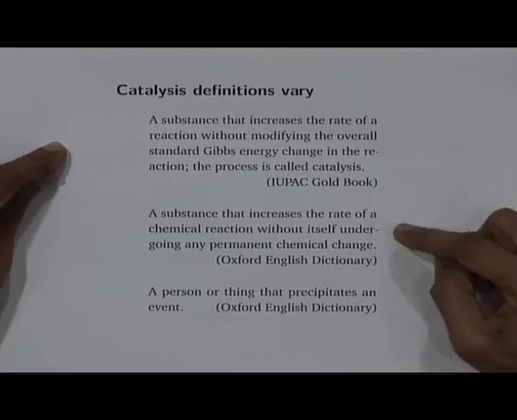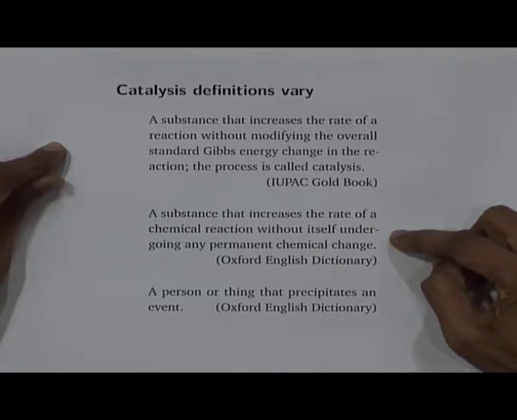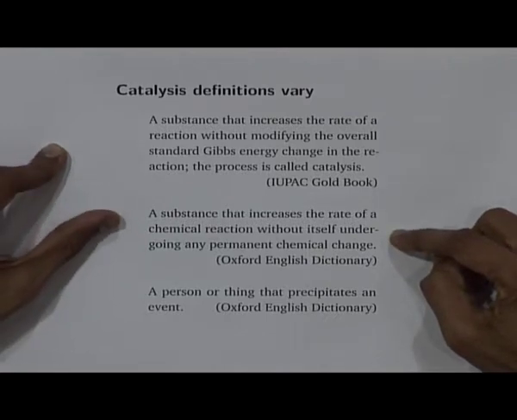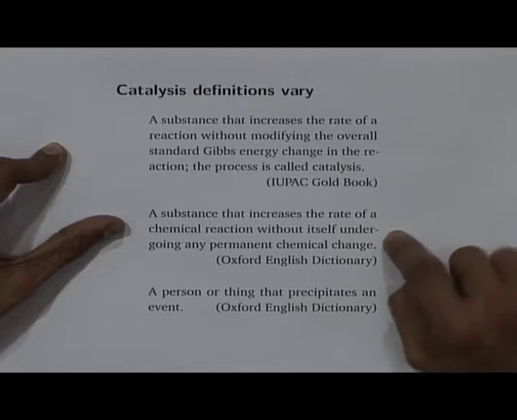And if you look at something which is there in common language, the Oxford English Dictionary says a substance that increases the rate of a chemical reaction without itself undergoing any permanent chemical change. This is what the Oxford English Dictionary says, and this is more or less correct.